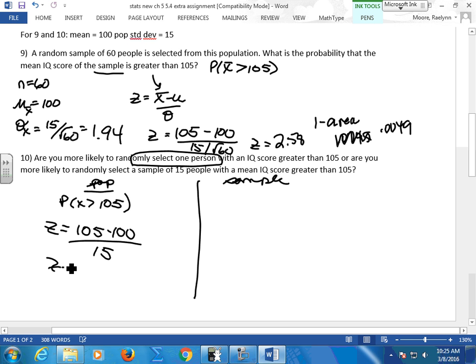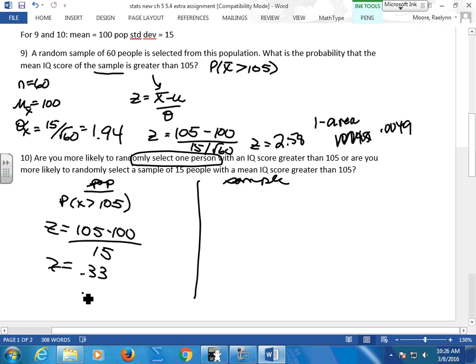So what's this z-score? 5 over 15. So it's 0.333. Okay. So now, when I look up this probability, it's to the right. So I'm already on the positive side. I still have to subtract it from 1. What's the probability?